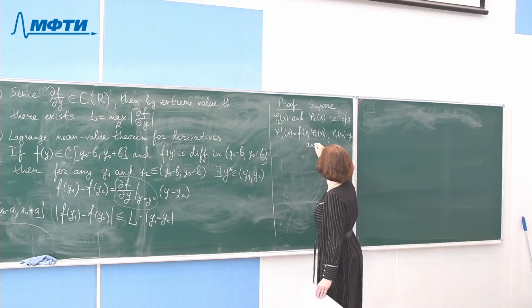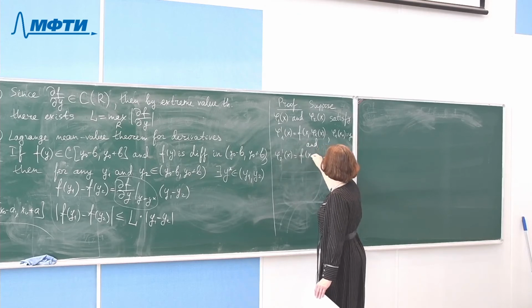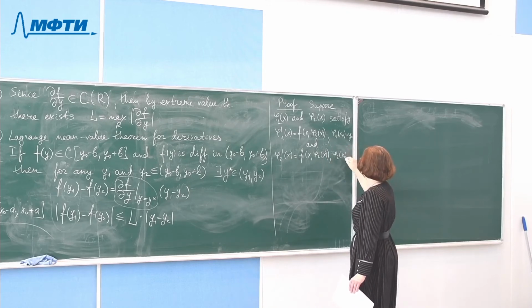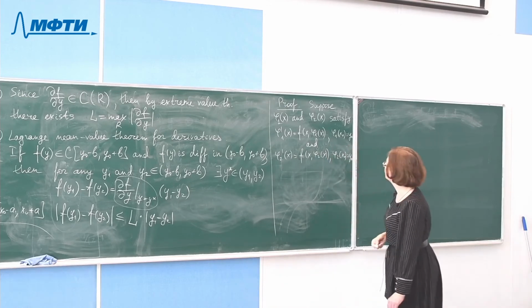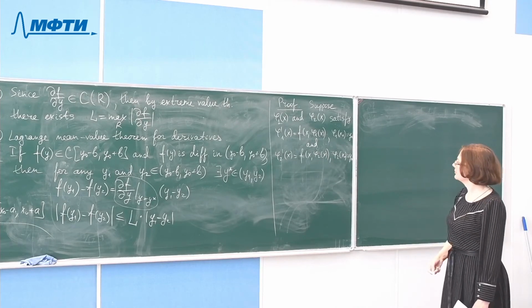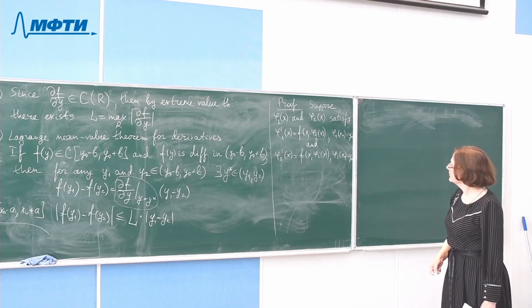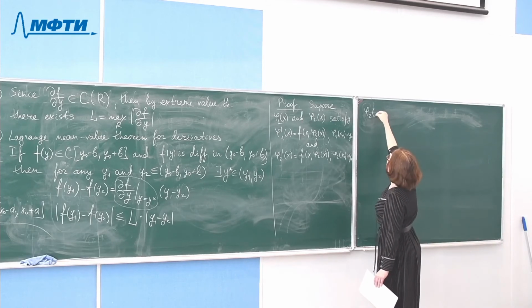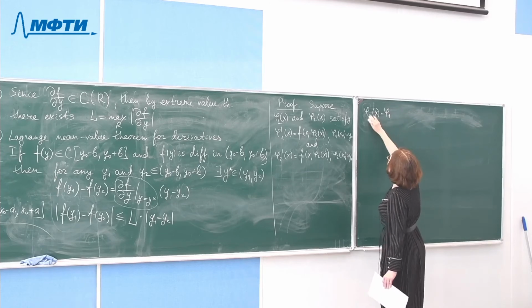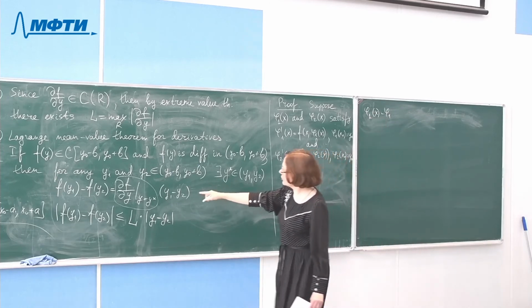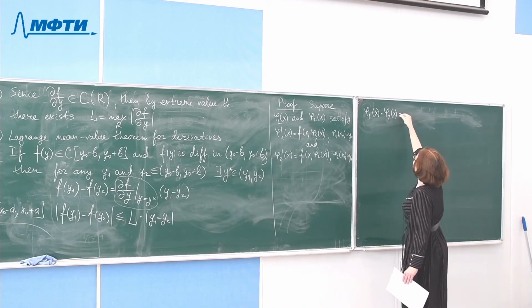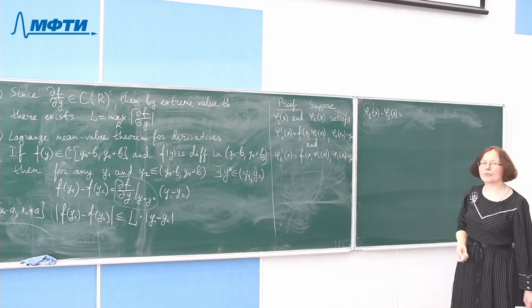So phi1 prime of x equals f of x, phi1 of x, phi1 of x0 equals y0, and phi2 prime of x equals f of x, phi2 of x, phi2 of x0 equals y0. We will try to find the difference of the functions, phi1 minus phi2.